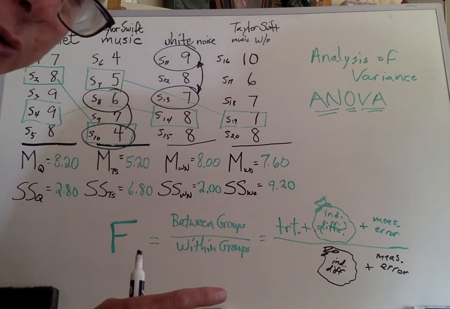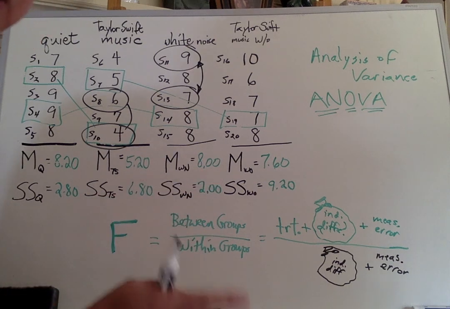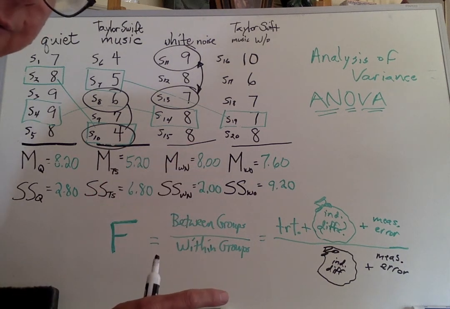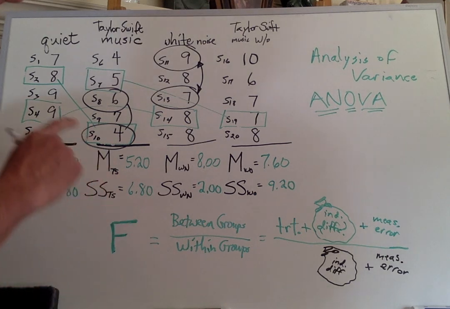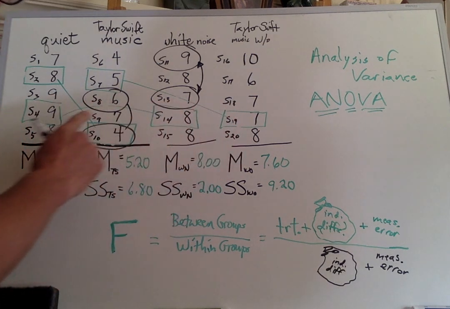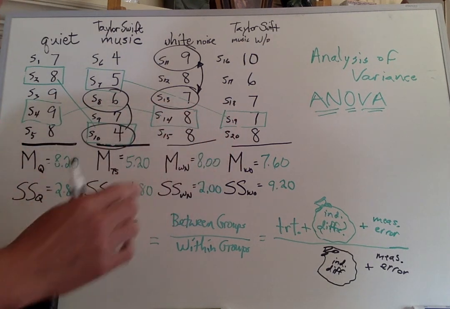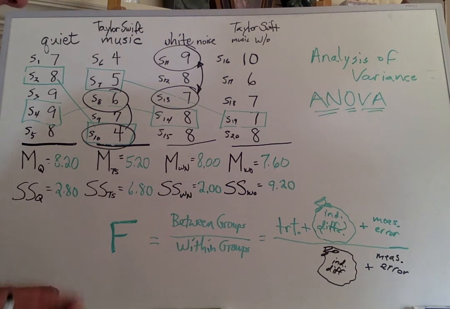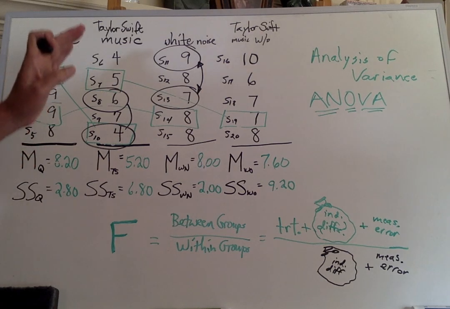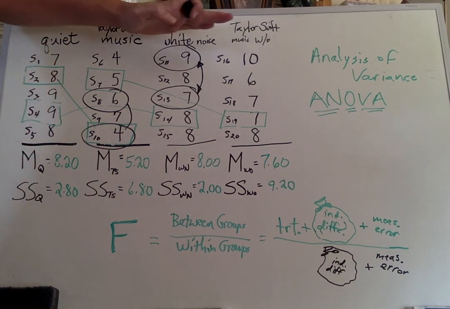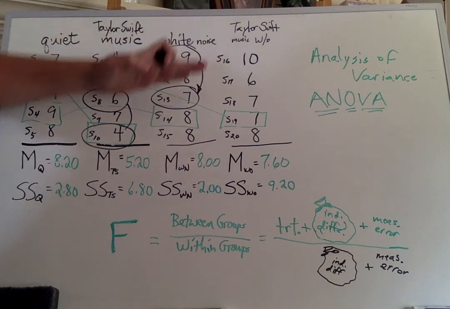But I'm going to make 2 additional assumptions. I'm going to assume that the average contribution of individual differences that we see this way between groups is going to be equal to the average effect of individual differences within groups.